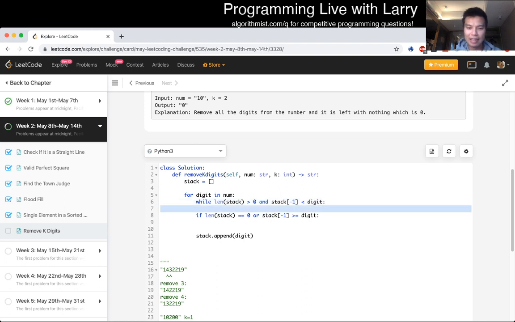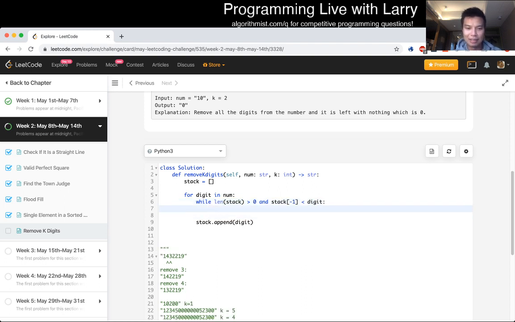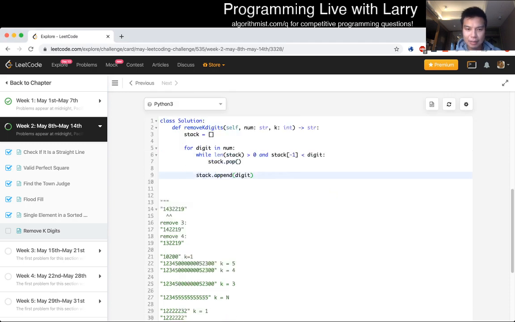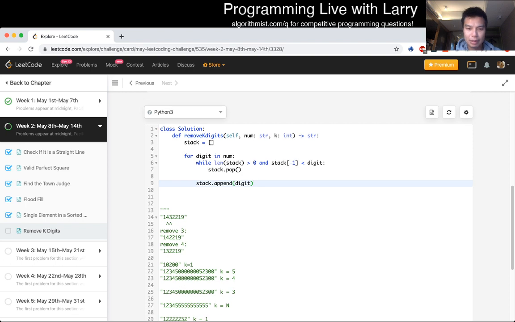So the exact opposite. Then we want to do stack.pop. So yeah, that's pretty much it, really.